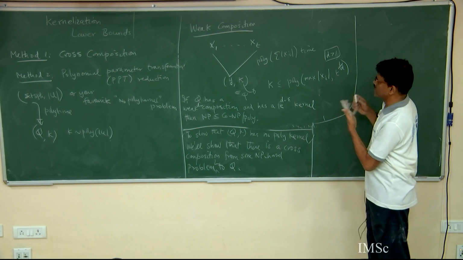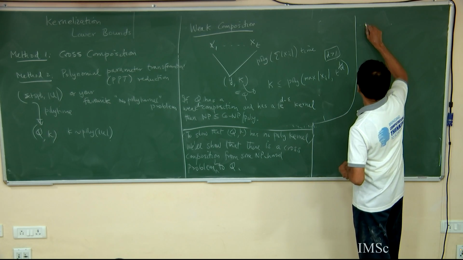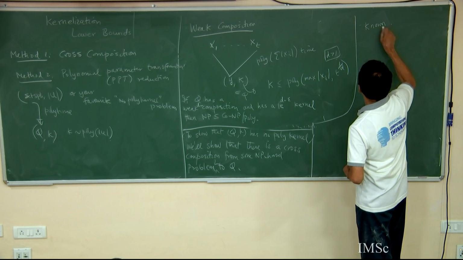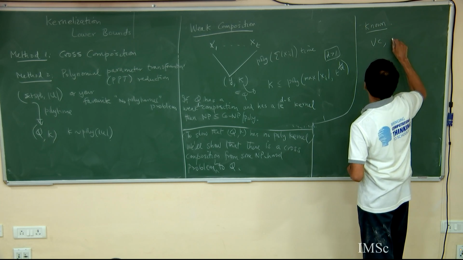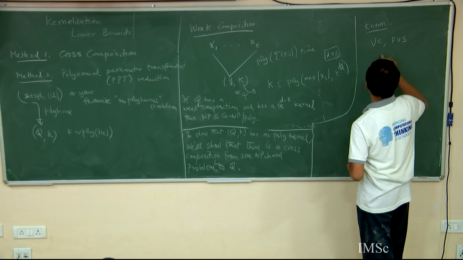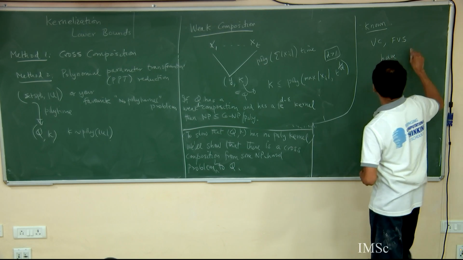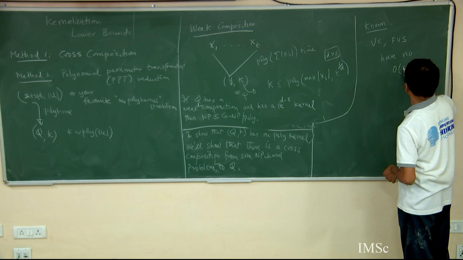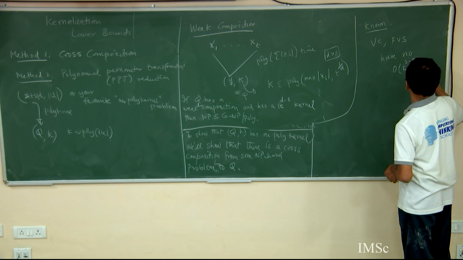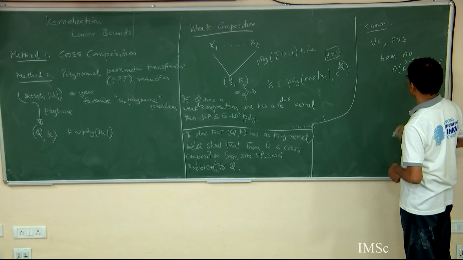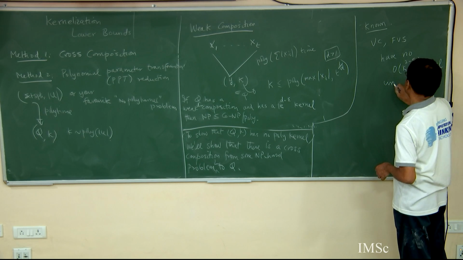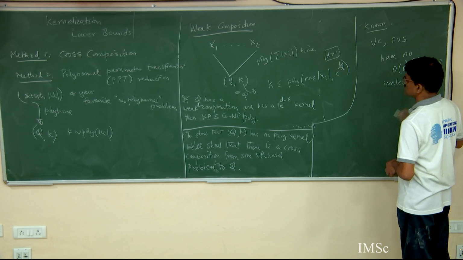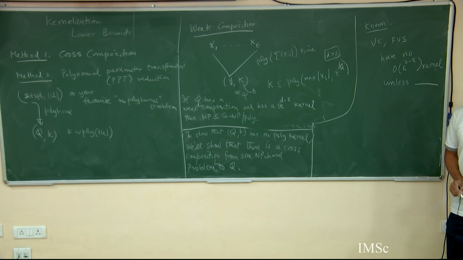And so, for example, it is known that vertex cover, FES, or in fact even d-hitting set, have no order k power 2 minus epsilon kernel, unless, right, conditions apply.